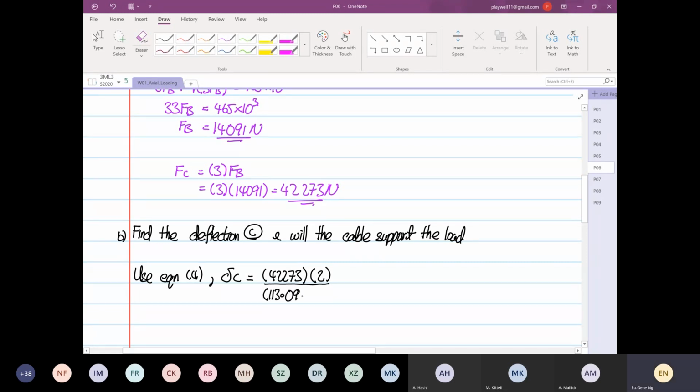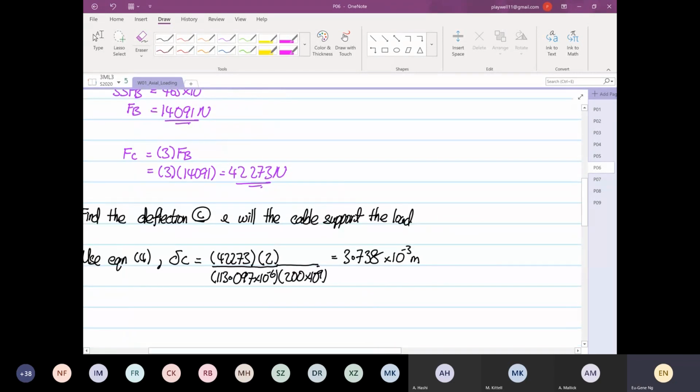So that is the cross-sectional area that we have been calculating, divided by the Young's modulus. So the deflection will be equal to 3.738 times 10 to the power minus 3 meters, or 3.738 millimeters, and it's going towards the left.